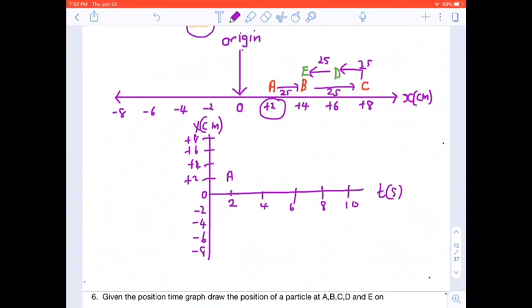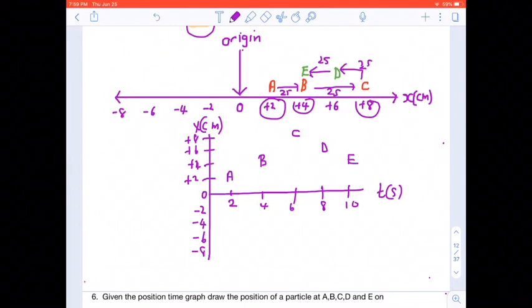B is then at +4, we got B here. Then C is at +8, so we got C there. And D is then at +6, so we've got D here. And then E is back at +4, so we got E here.